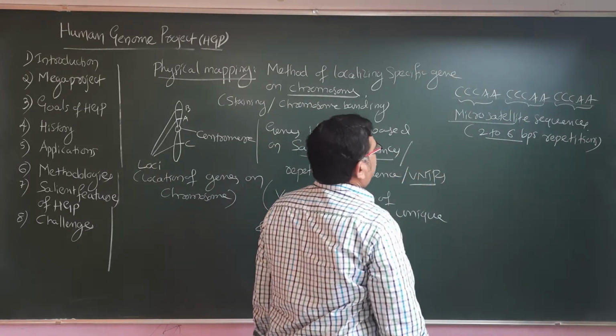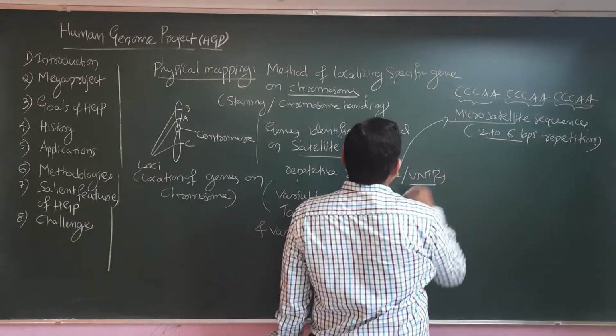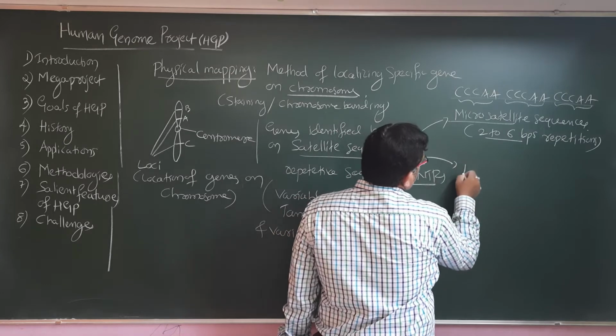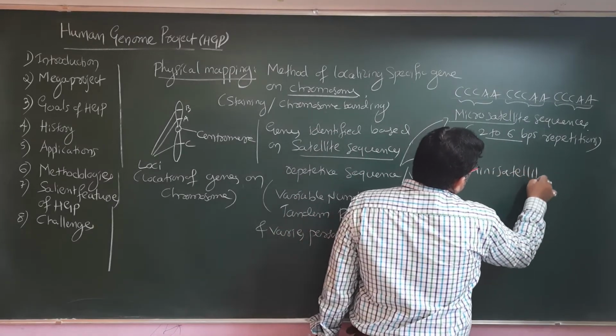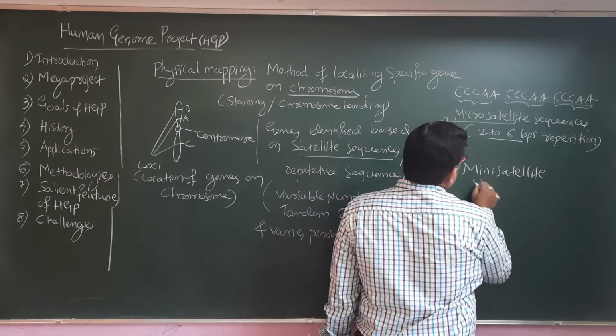When the repetitions are like this, we call them microsatellites, or it can be minisatellite sequences also.